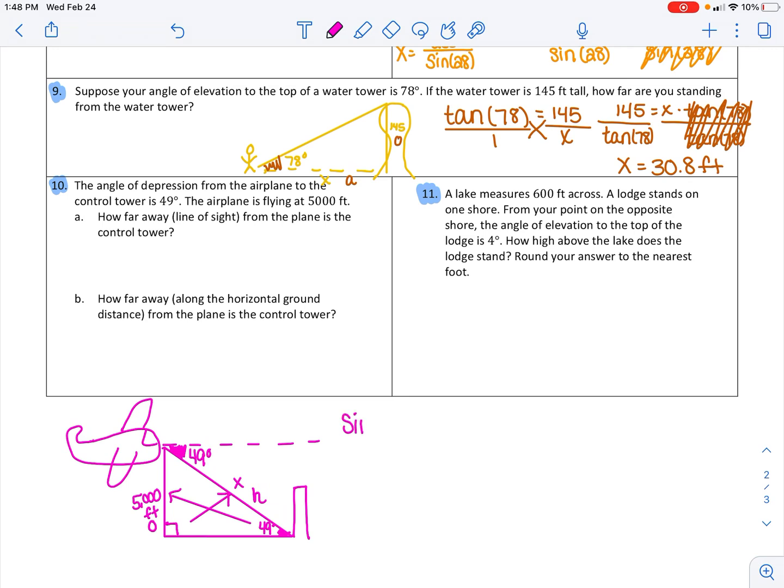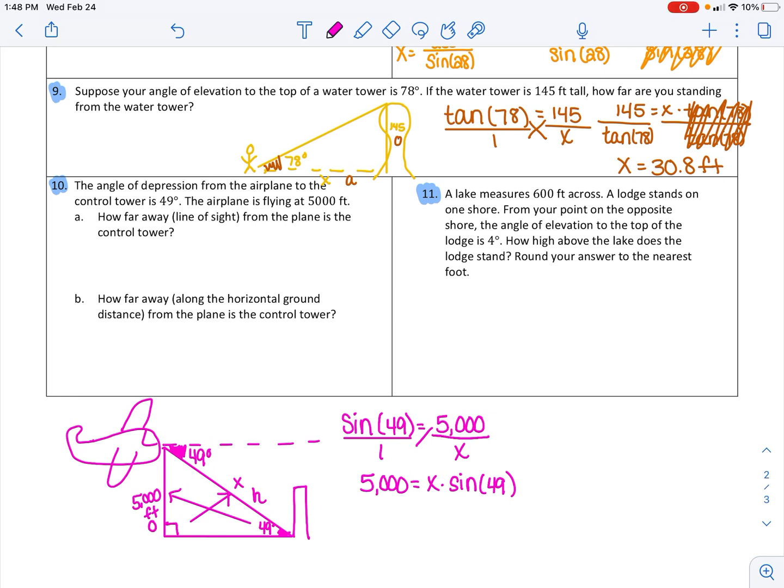So we have the sine of 49 is equal to opposite over my hypotenuse. And we're going to go ahead and cross multiply. So we get 5,000 is equal to x times the sine of 49.